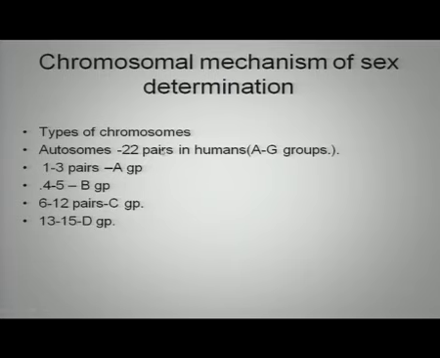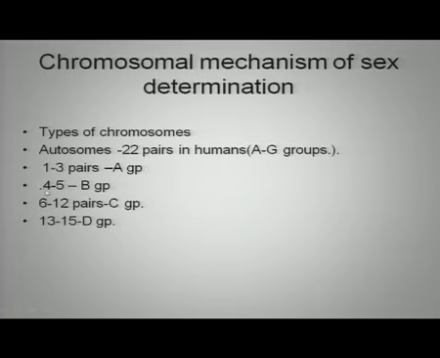We can categorize the different autosome pairs into different groups like this. First 3 pairs, 1, 2 and 3 pairs of autosomes, will form the A group.